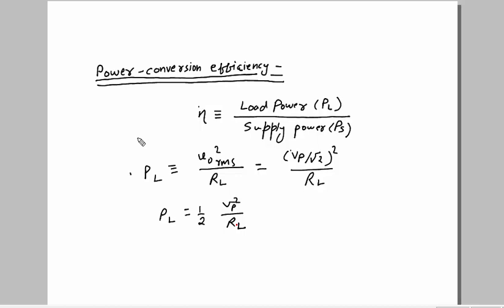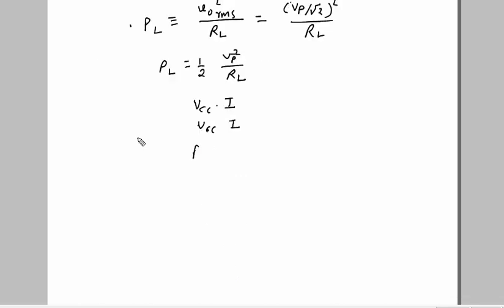The average current in Q1 is I, and hence the average power drawn from the positive supply is VCC into I. Same way, since the current in Q2 is constant, which is I, the power drawn from the negative supply is also VCC into I. It means the total average supply power PS will be 2 VCC into I.